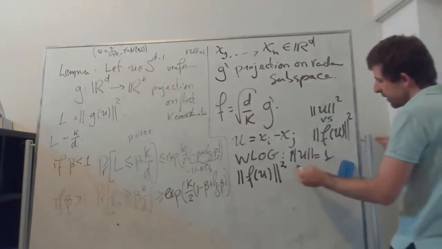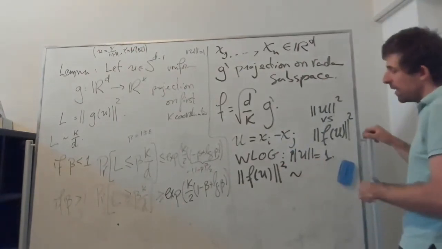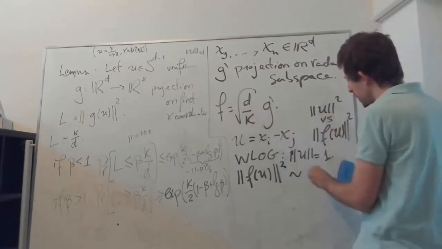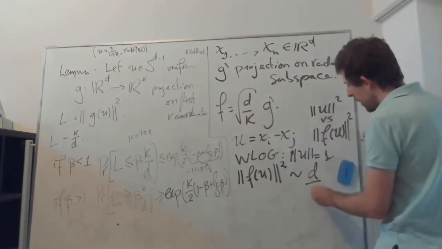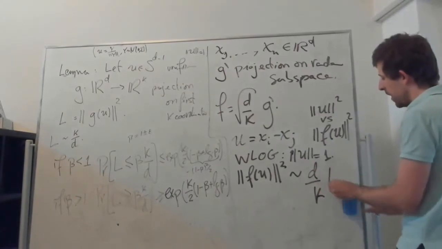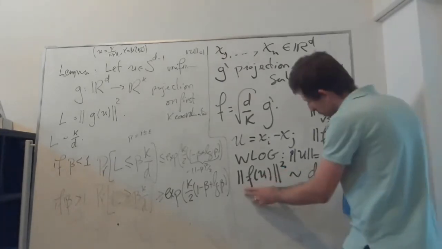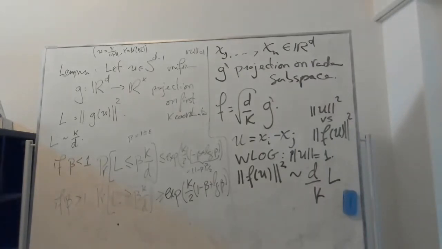So this is exactly the same distribution as L scaled by the factor here, that is, d over k times L.